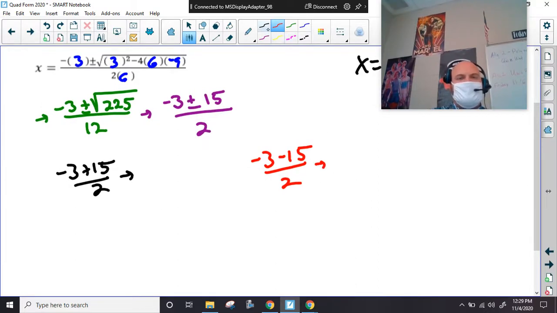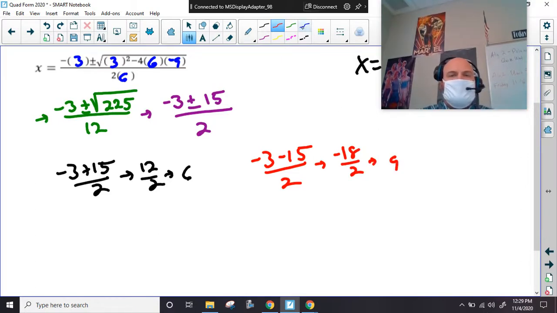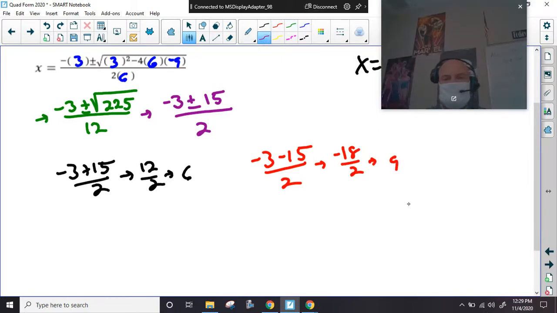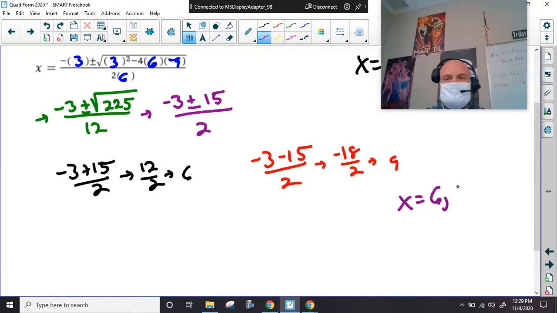This is 12 over 2, which is 6. Negative 18 over 2, which is negative 9. All right, so our final answer, x equals 6 and negative 9.